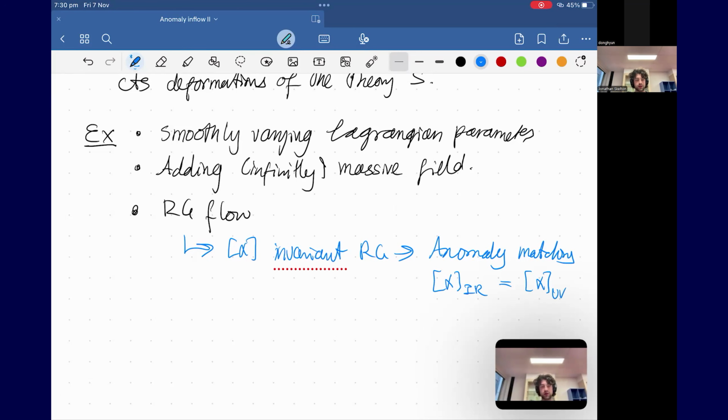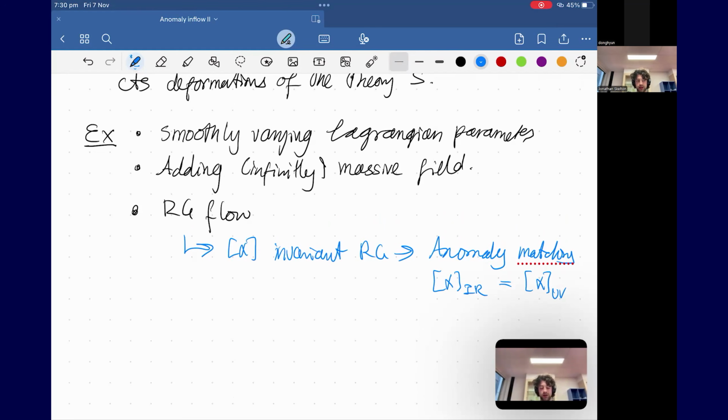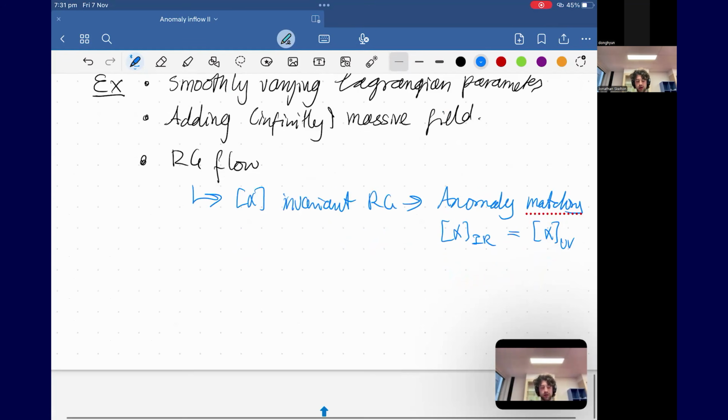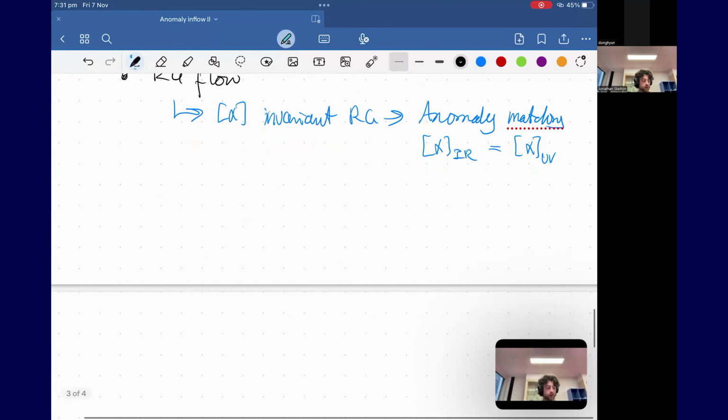That's really nice because at different stages along our RG flow, at these different energy scales, we're able to say quantitative things about the theories, even if we can't necessarily compute the explicit deformations of the theories.